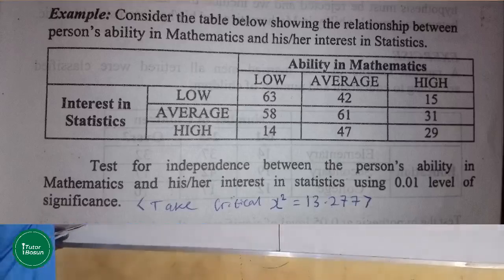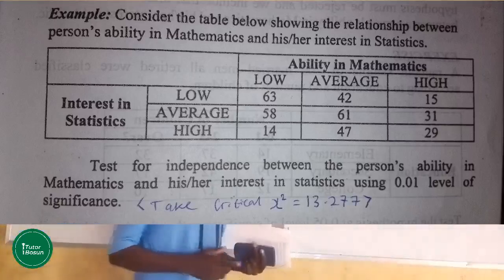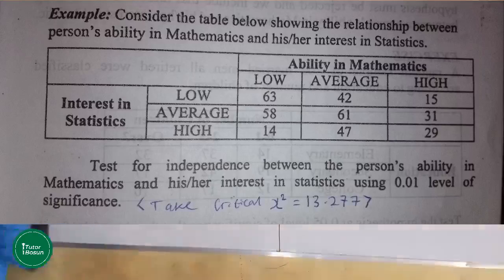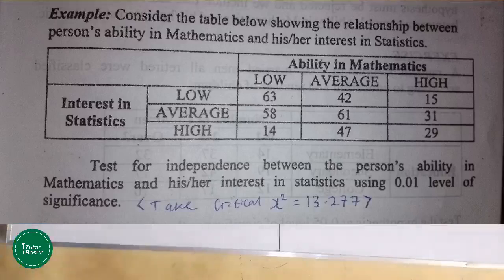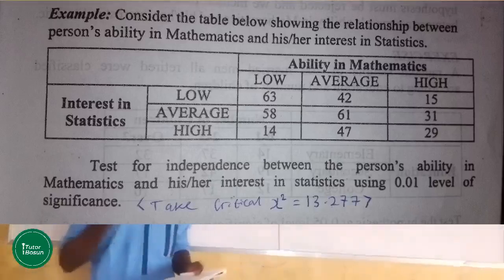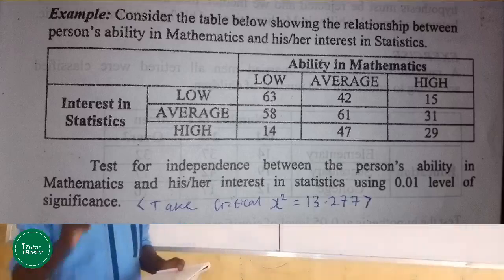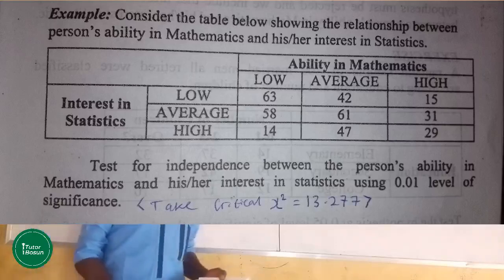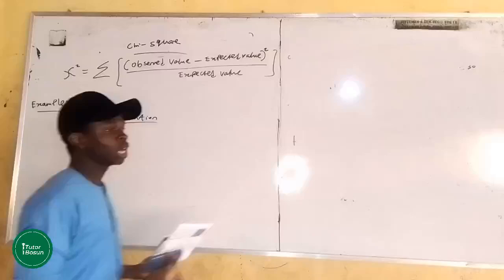You'll be given the table, but when you want to find the solution, you will be computing your own table from which you are going to be deriving your expected values. The question says to test for independence between a person's ability in mathematics and his or her interest in statistics using 0.01 level of significance. That's 1% level of significance and 99% level of confidence, which is a very high level of confidence.